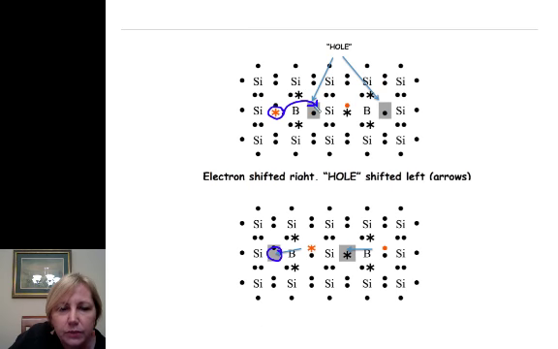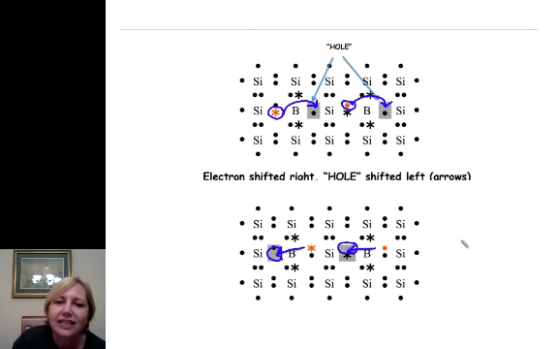The electron has moved, but the hole has shifted over to the left. And so if we take a look here, I just grabbed that electron. If that electron hops over into that gap or that hole left behind, that leaves this spot deficient of an electron. So do you notice that it appeared that the hole moved?